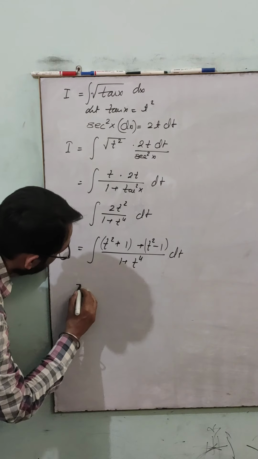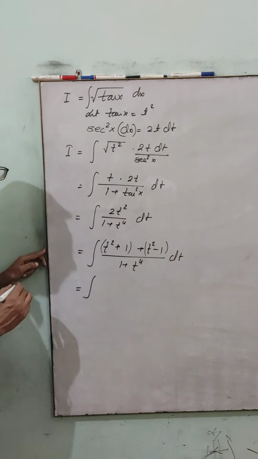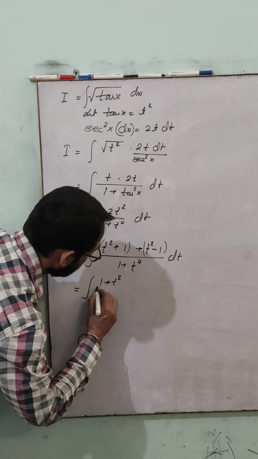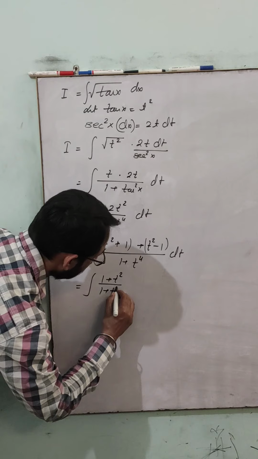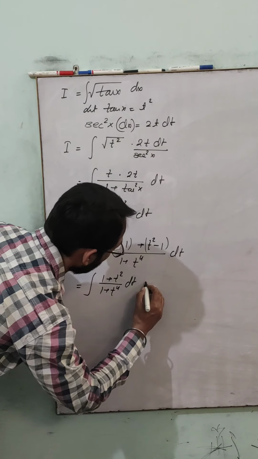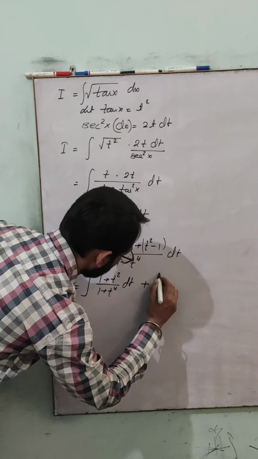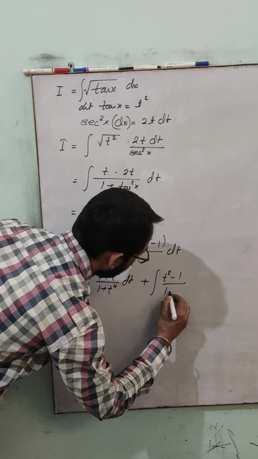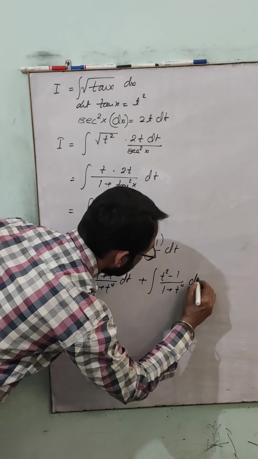So it will become integral 1 plus t square upon 1 plus t4 dt plus integral t square minus 1 upon 1 plus t4 dt.